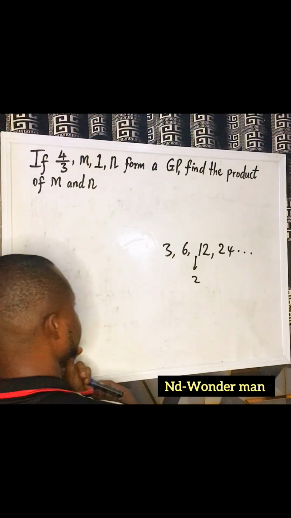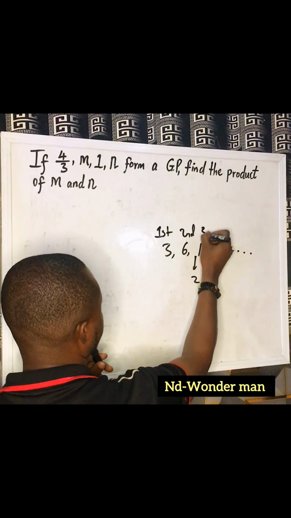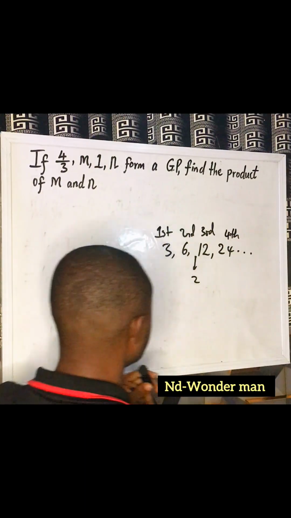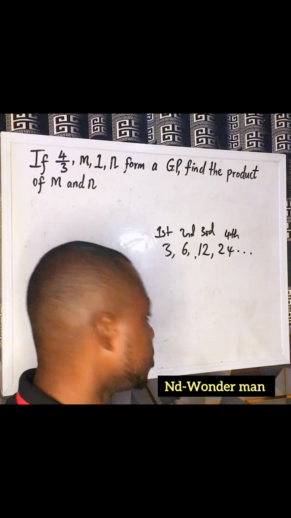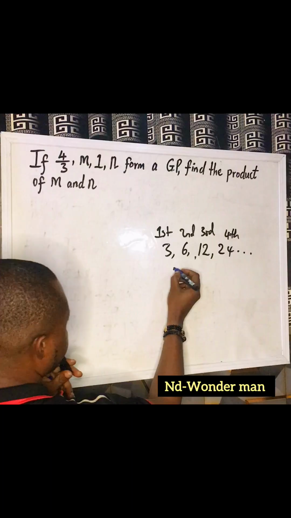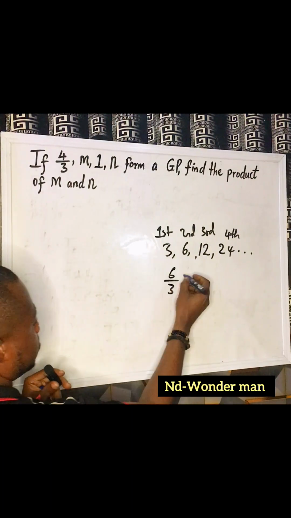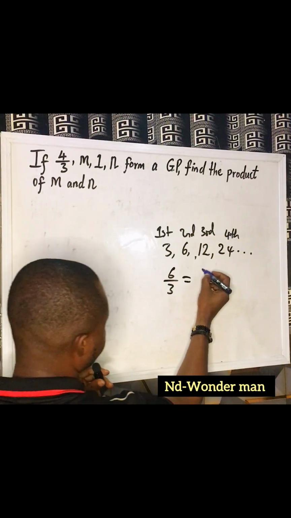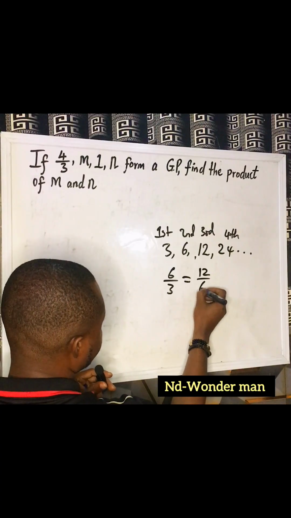And this becomes the first term. This is the second term, the third term, fourth term, and so on and so forth. So we can establish this relationship as thus: 6 divided by 3, which is second term divided by first term, will give us the same as third term divided by second term, 12 divided by 6.